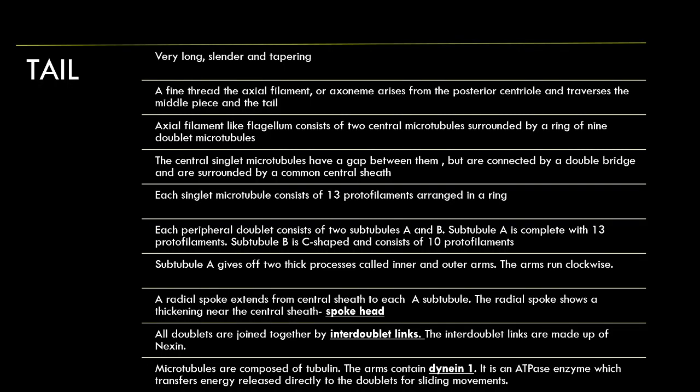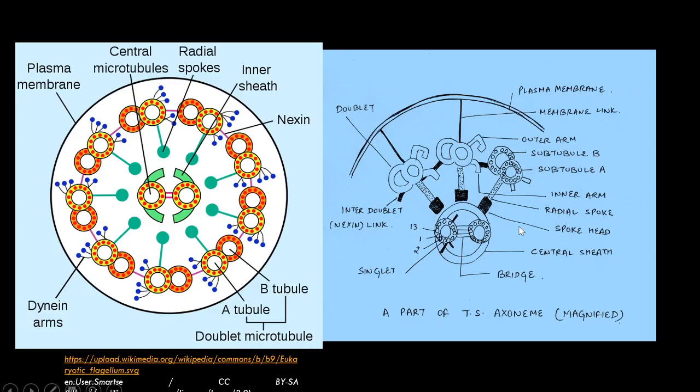The subtubule A gives off inner and outer arms, and the arms run clockwise. A radial spoke extends from the central sheath to each subtubule A, and it shows a thickening which is called the spoke head. So in the diagram, if you see, this is the spoke head, and this is the radial spoke connecting the doublets with the central sheath.